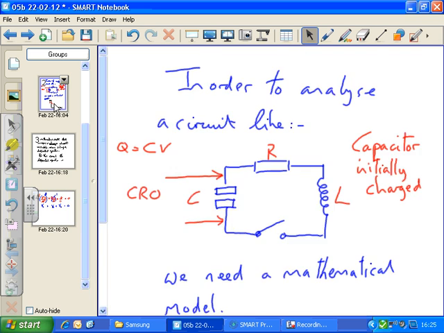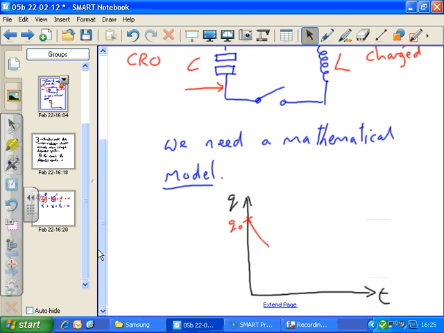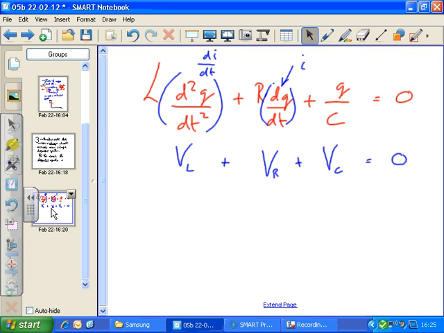Because we want to end up with a function that tells us about the charge. And we end up with an equation, because something equals 0, and it's a differential equation because it involves a differential, dq by dt, and also a second differential, so it's a second order differential equation that we're going to try and solve.